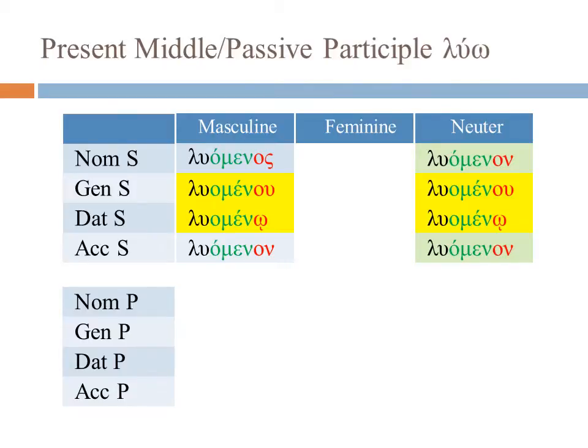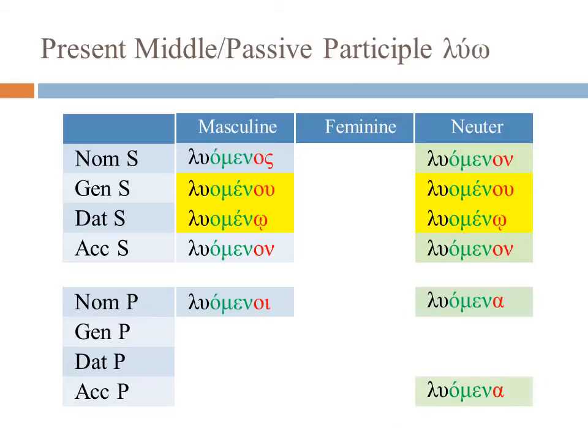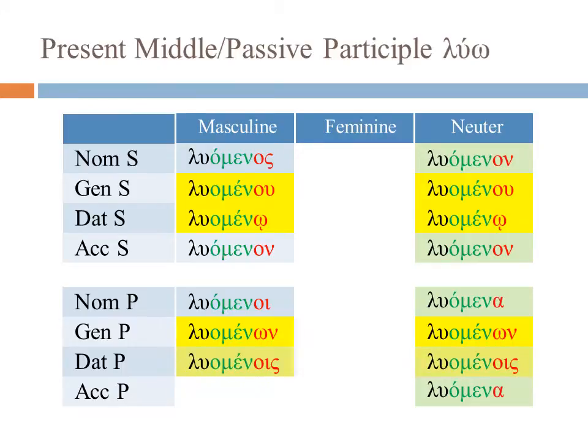So we would have had logos, logou, logo, logo. Luomenoi. And then the neuter is the same in the nominative and accusative. Alpha, always the ending. Luomena, luomena. Genitive is the same, actually all the way across. Luomenon, luomenon. Dative, luomenois, same in the masculine and neuter. And the accusative is luomenous.